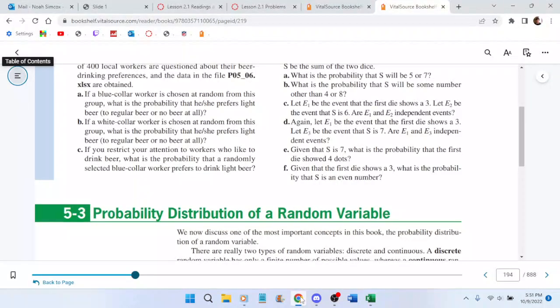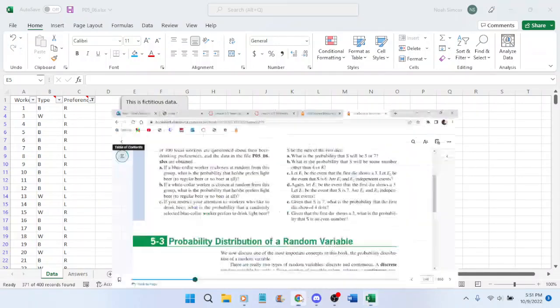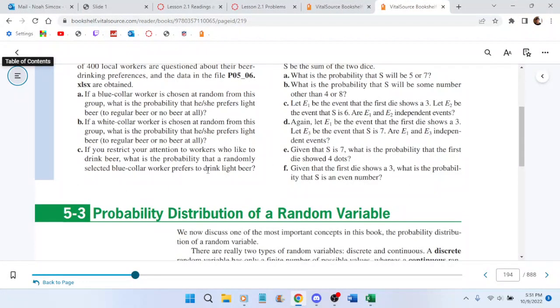Now restrict your attention. So now we have restricted our attention to people who like to drink beer. So what is the probability of all those people?